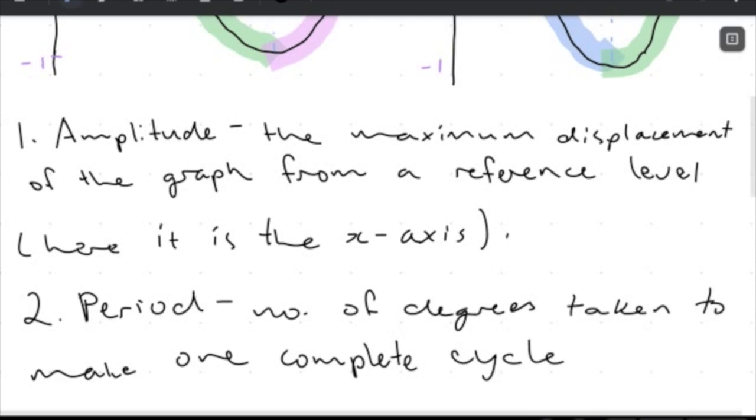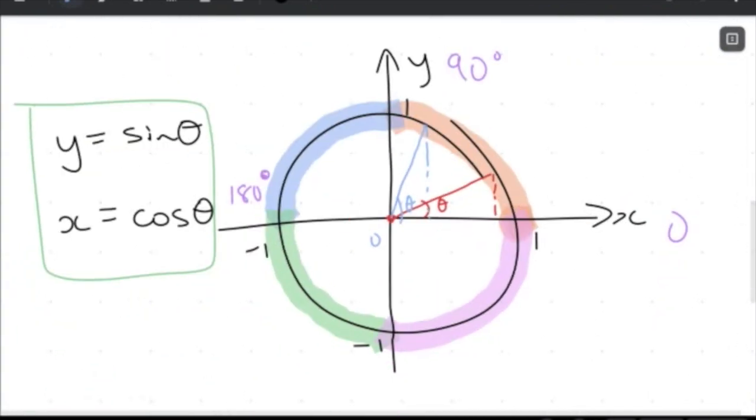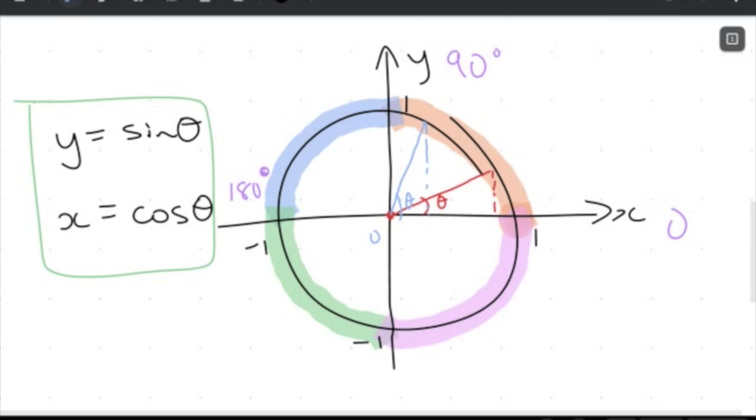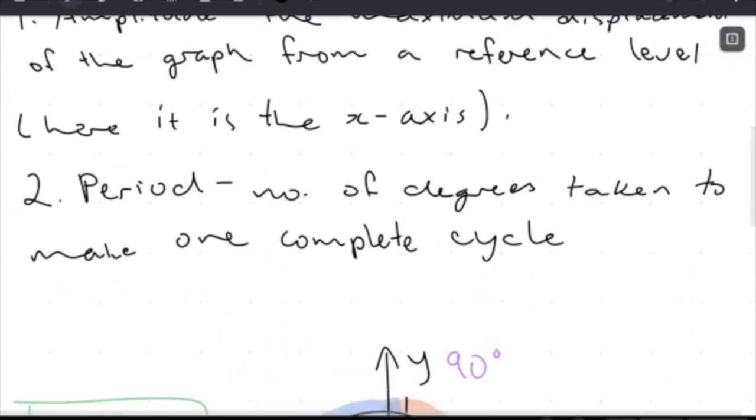So basically, this is just how long it takes to make one cycle around my unit circle here. Now, we're not going to look too much into this at the moment. This is outside the scope of this course, but we'll see in later maths how this kind of changes, how we can speed up or slow down how long it takes for us to complete these graphs.